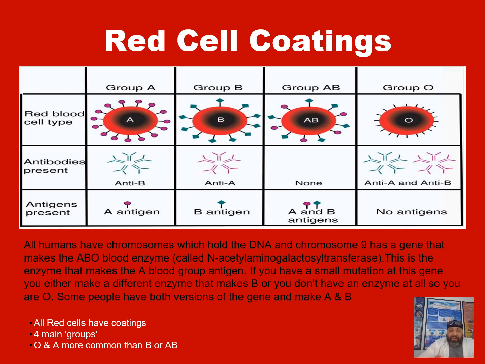So, when I'm talking about red cell coatings, the main point on this slide to know is how O and A are more common than B or AB.